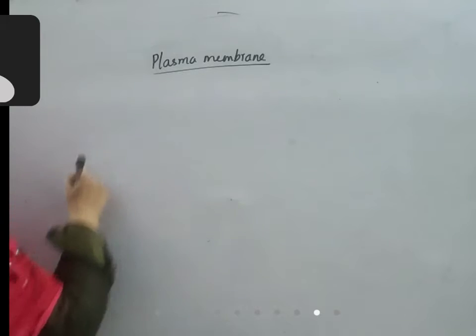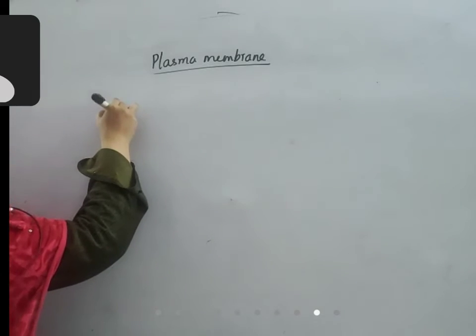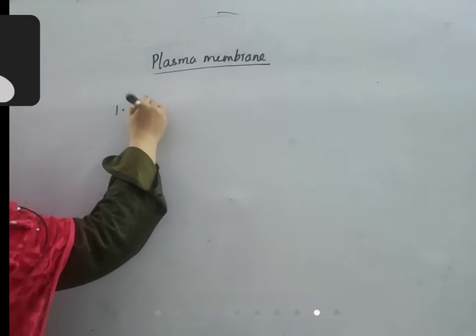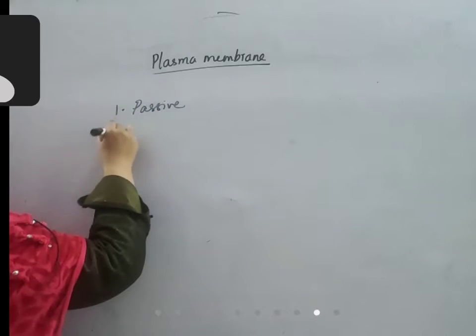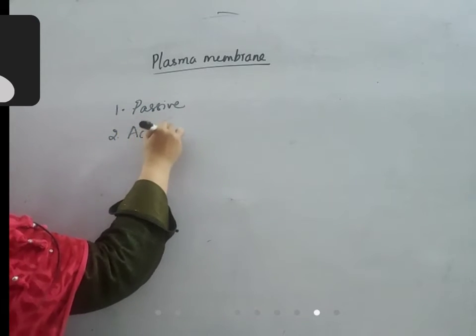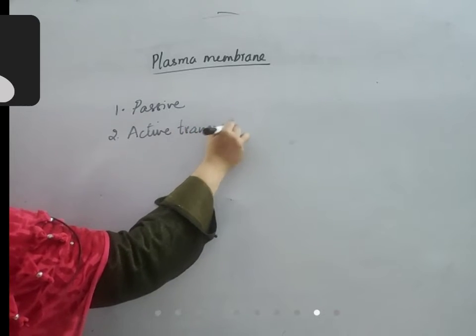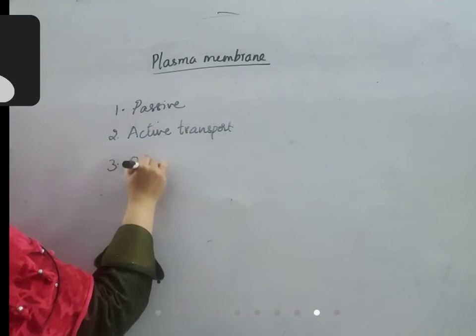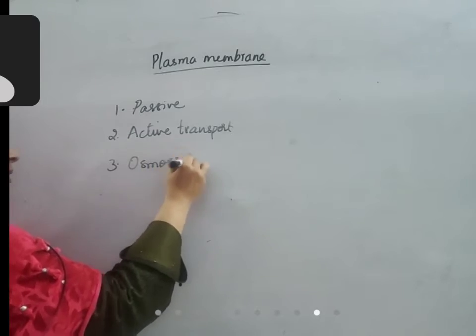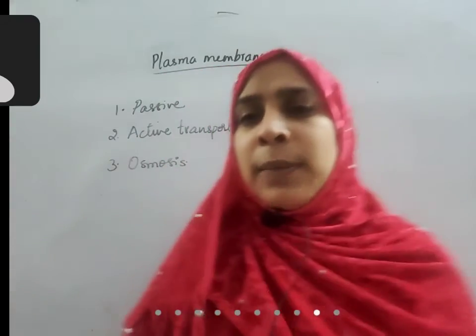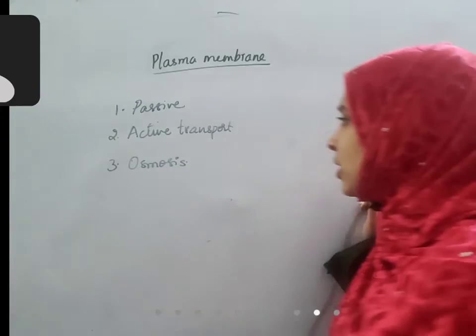Exchange of materials across the plasma membrane occurs either by passive transport, second, active transport, or by simply osmosis. Okay, passive transport.